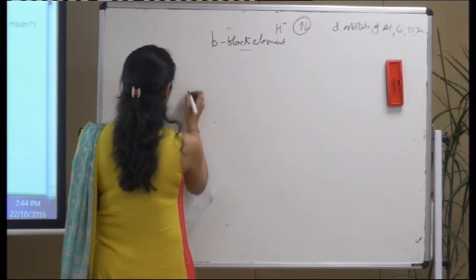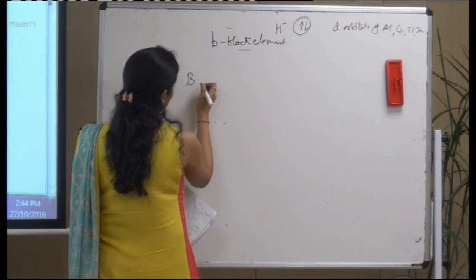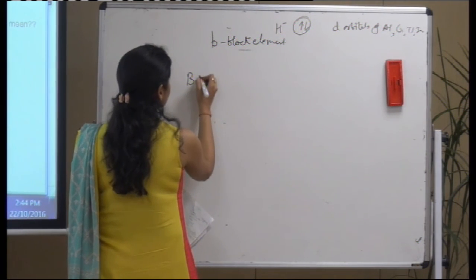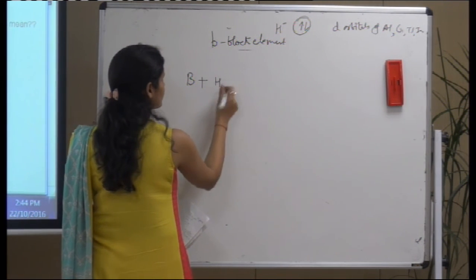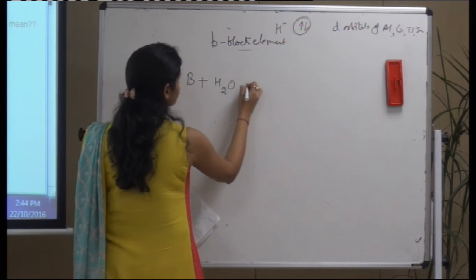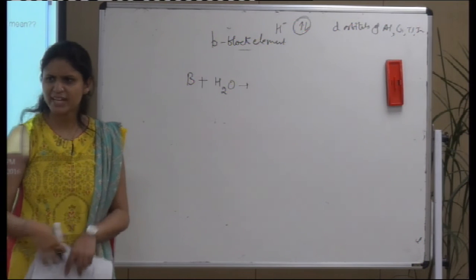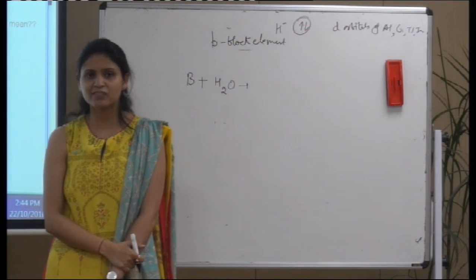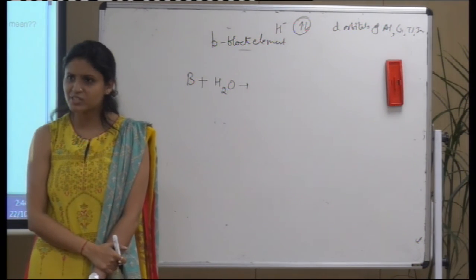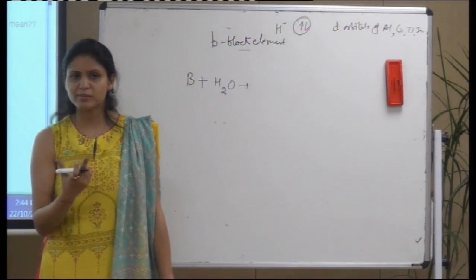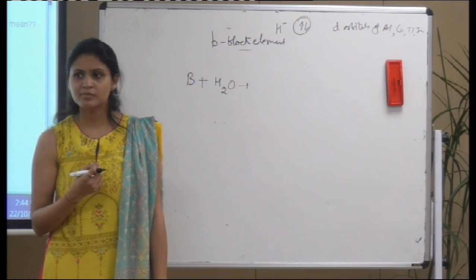Next we have boron, right? Okay, boron can combine with water to form hydroxide. This is the reaction now for the metal ion. Metal ions react with water to form hydroxides only. Remember the sodium dissolved in water to form sodium hydroxide.